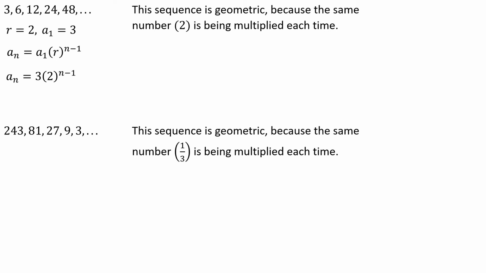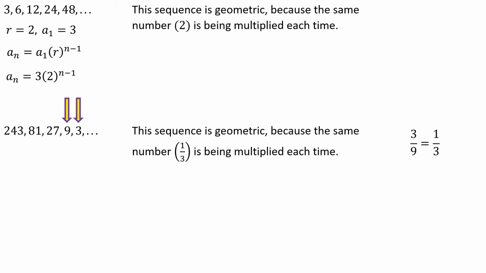Now, if you're looking at 243 and that 81, you're saying, I'd never figure out that's 1/3. Look at these two side-by-side numbers. Look at the 9 and the 3. I can take any 2 consecutive terms in that sequence, and I say, oh, 3 over 9? That reduces to 1/3.